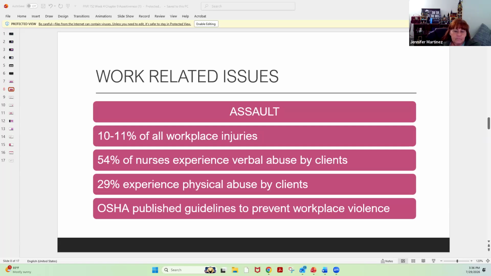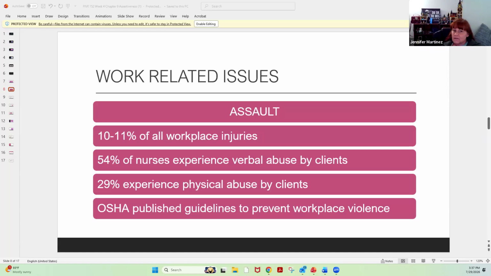OSHA, which is the Occupational Safety and Health Administration, has published guidelines to prevent workplace violence. And it does stipulate that management has to have a commitment to keep its workers safe. And I know sometimes when we think of OSHA, we think of mechanical and chemicals, right? Things like that.